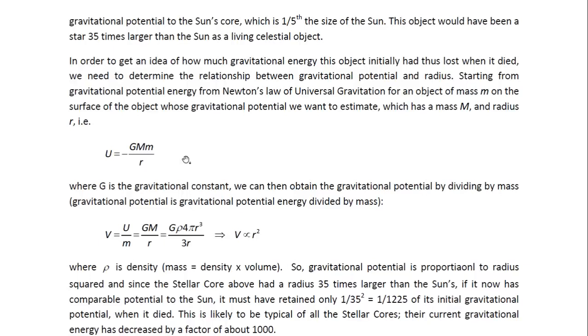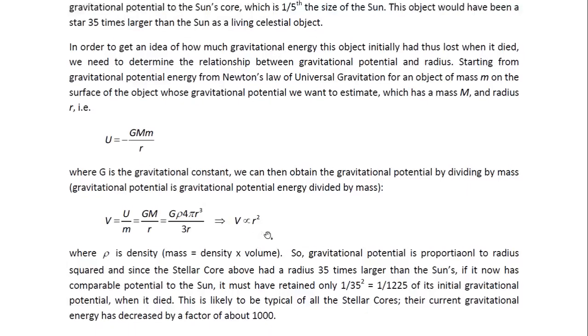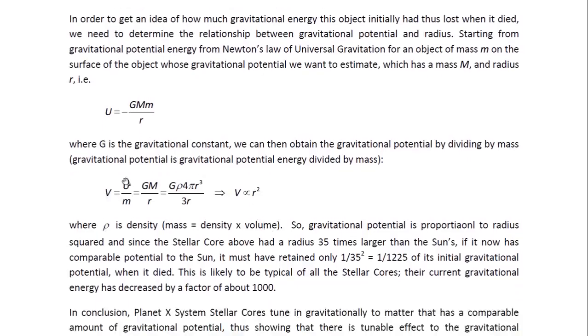M would be the mass of the object we want the gravitational potential for. m would be the mass of an object on its surface, and R is its radius. Then to obtain the gravitational potential, we take gravitational potential energy, divide by mass, and we get GM over R. I know there's a factor of minus 1, but it doesn't matter. I just want the relationship.